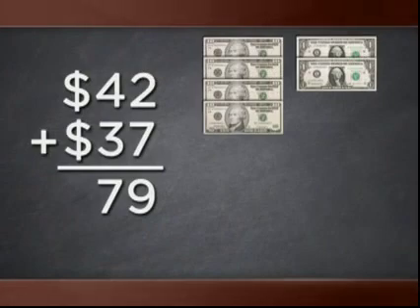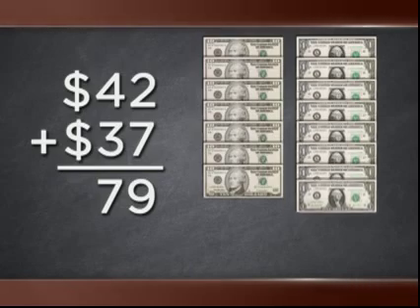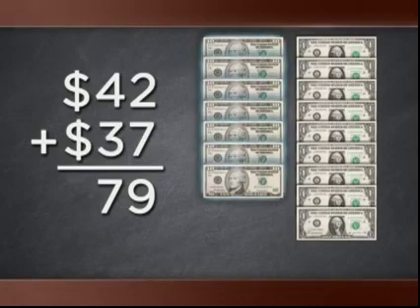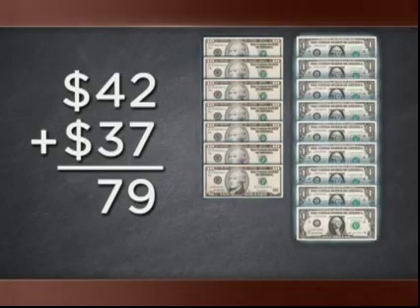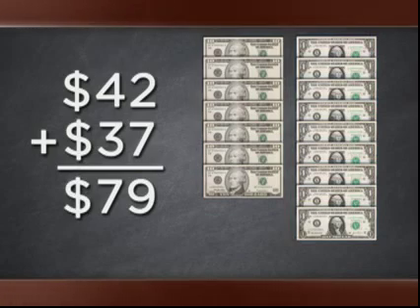Then we would have added in 3 more $10 bills and 7 more $1 bills. That would have given us 7 $10 bills and 9 $1 bills for a total of $79. And 79 was our final answer. So that tells us, in a nice analogy with this money, that we would have had the correct answer.